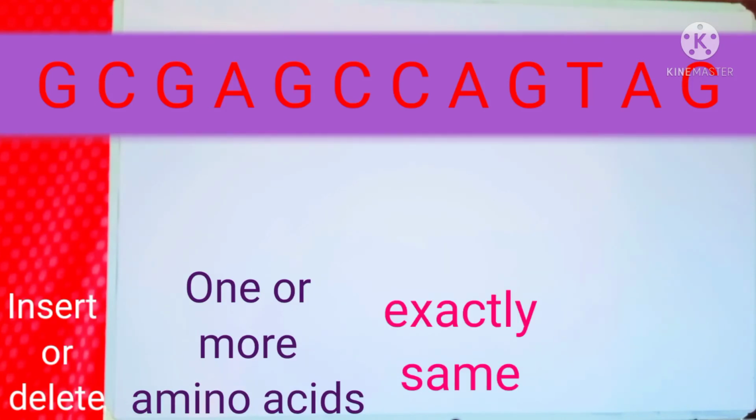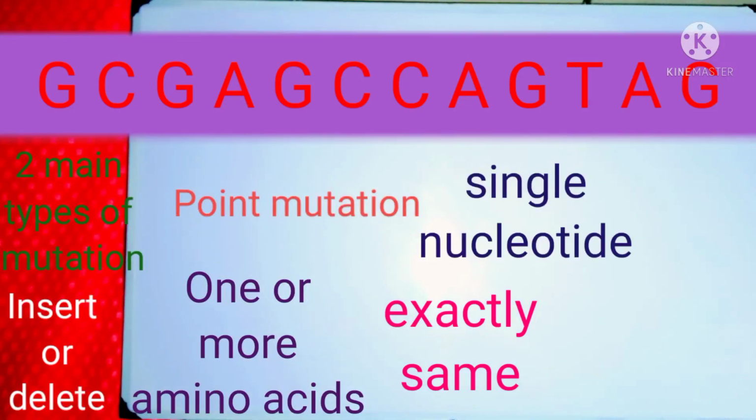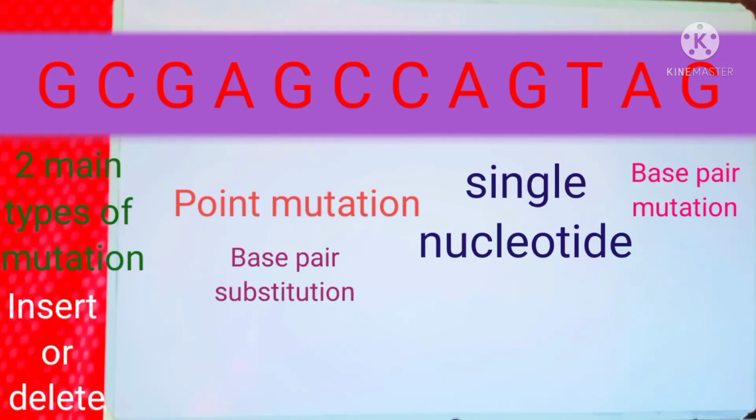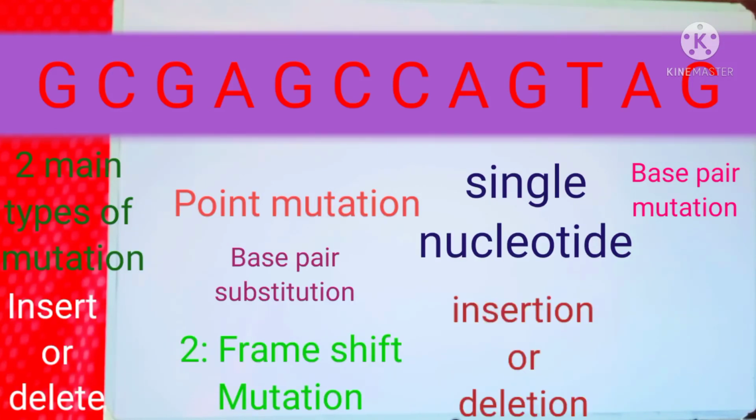So to conclude, we have two main types of mutations: point mutation, which are basically mutation on a single nucleotide, and these are also known as base pair mutations, base pair substitution. Now we also have frame shift mutation, and frame shift mutation are caused by insertions or deletions. But even though insertions or deletions cause frame shift mutations, sometimes they can also cause non-frame shift mutations.